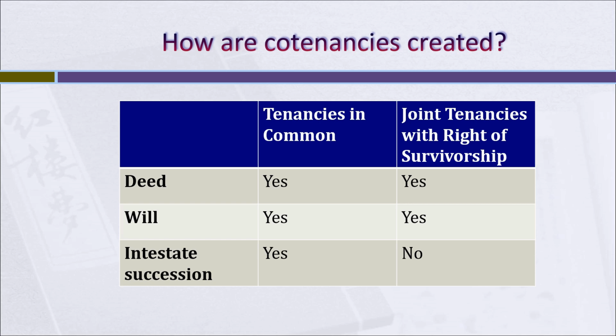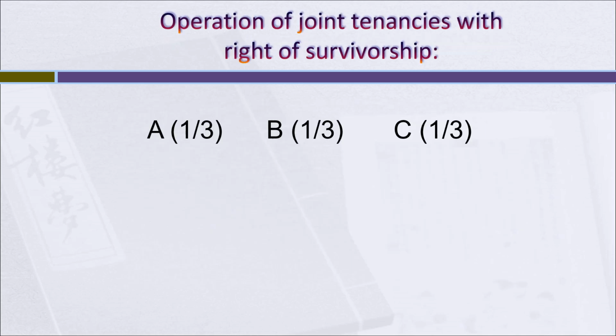The property in intestate succession always passes by tenancy in common instead. The obvious difference between a tenancy in common and a joint tenancy with right of survivorship is the right of survivorship. Joint tenancies have it. In fact, there's no such thing as a joint tenancy without a right of survivorship. Tenancies in common don't have a right of survivorship.